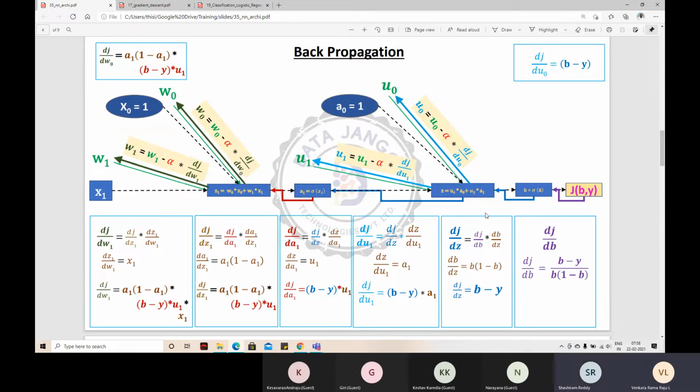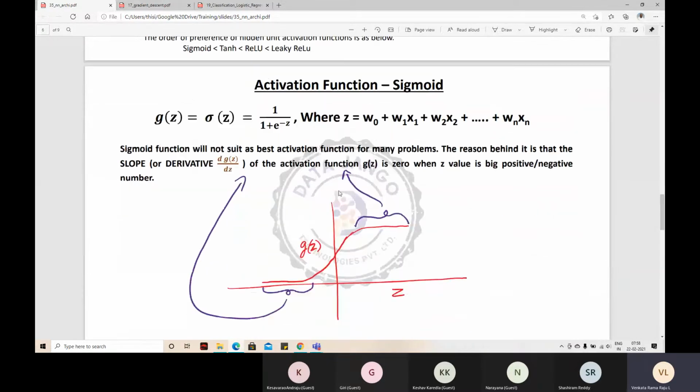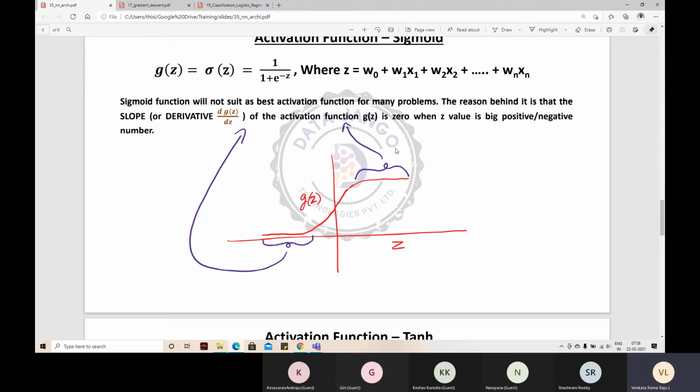The activation function's derivative is used in back propagation, and it is becoming zero, the slope is becoming zero. That way, the sigmoid function may not work well when the random w's are too big or too small. So that is one reason why the sigmoid function is not that preferred node for the hidden layers.